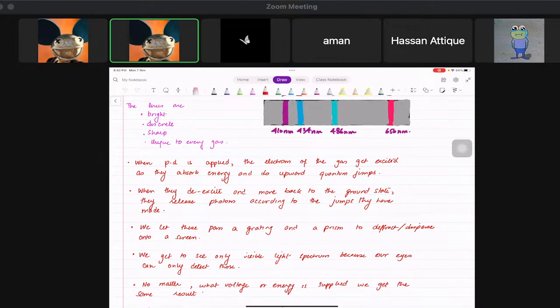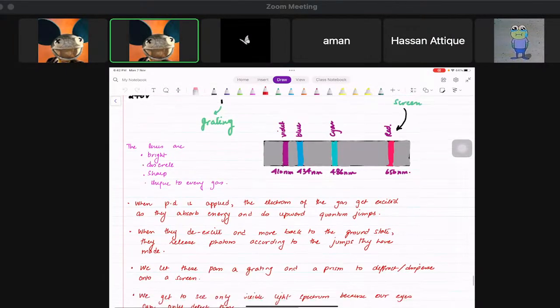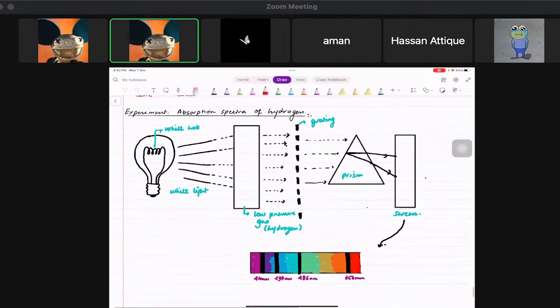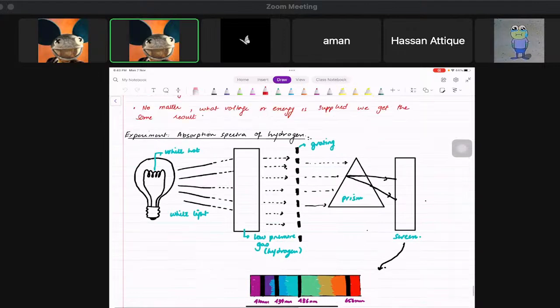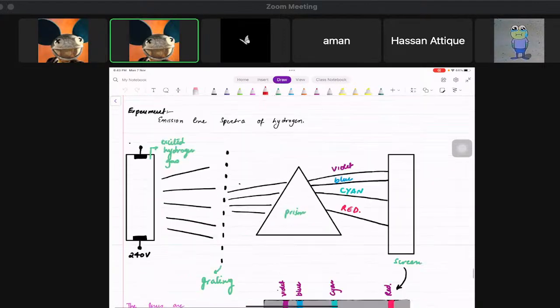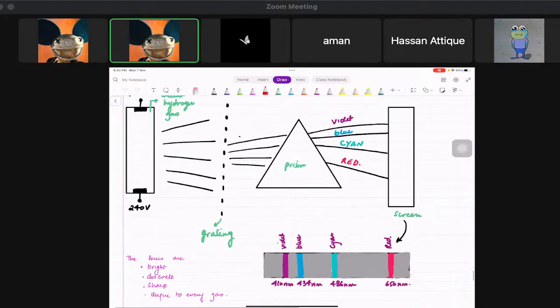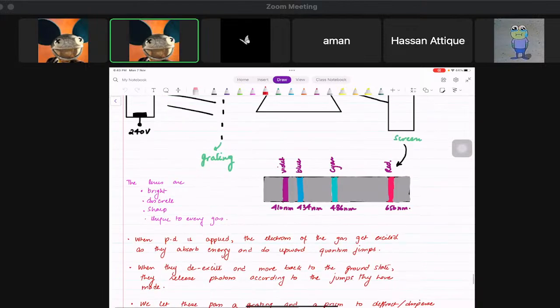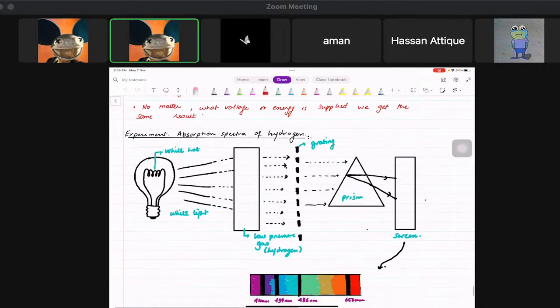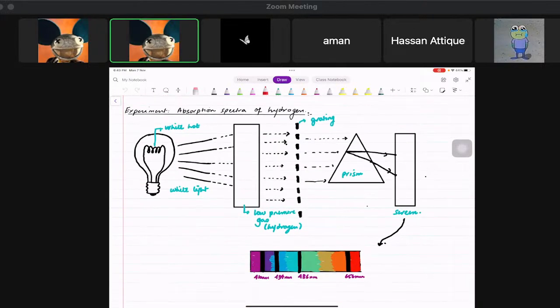Now we are going to look at this. This is some absorption spectra of hydrogen. Now, what we did was an emission spectra. Emission spectra means that the gas is emitting frequencies or wavelengths that we can see on the spectra. Absorption spectra means that through a white hot bulb, we are sending white light, which means it contains all the colors, right?